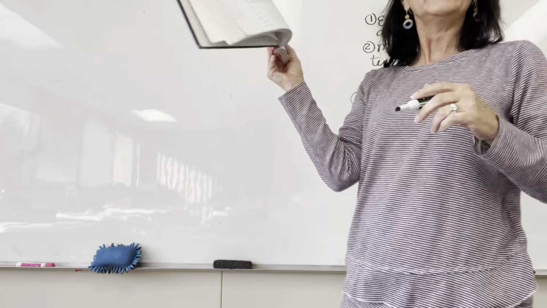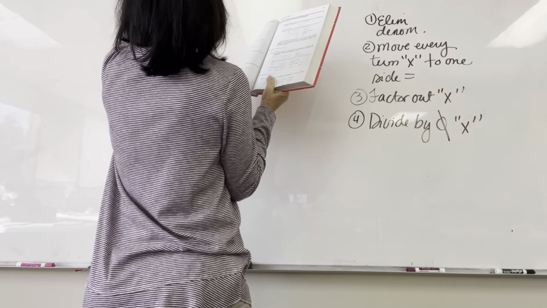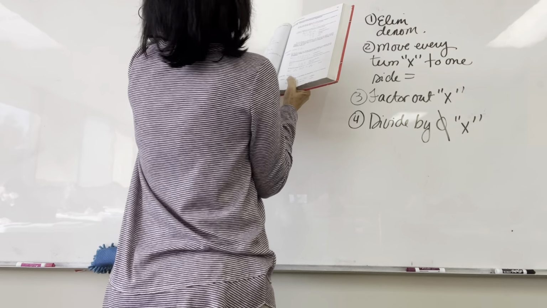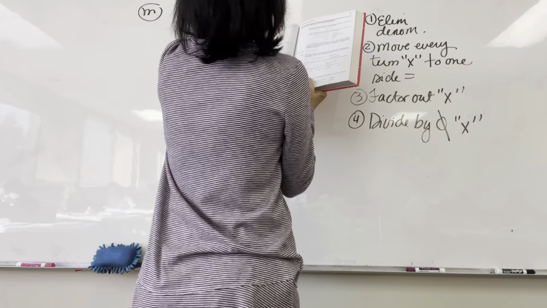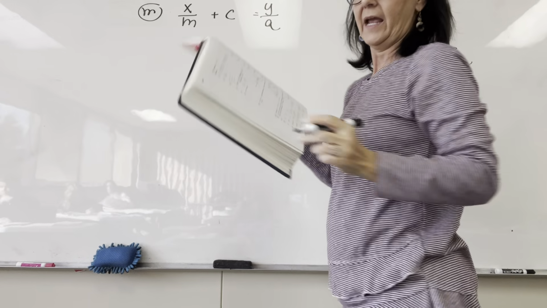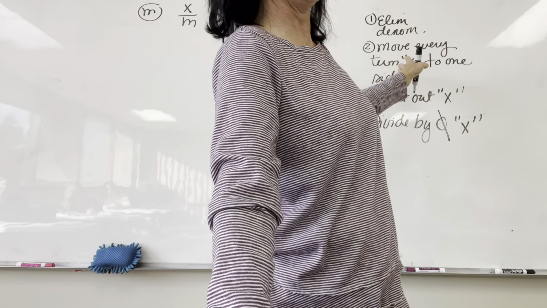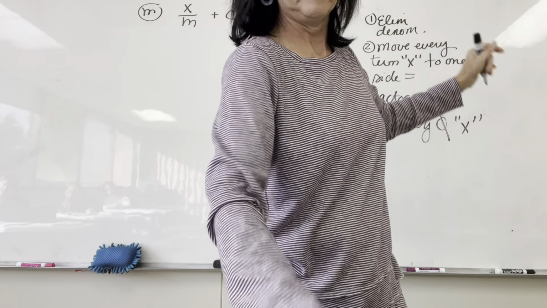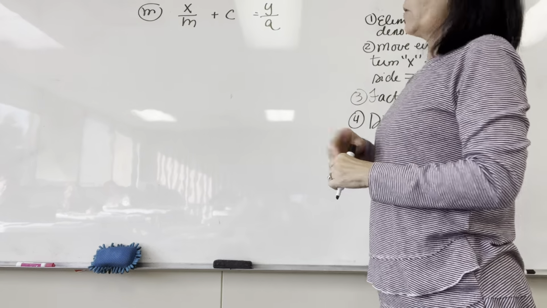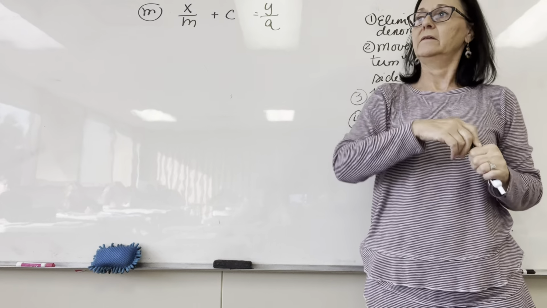All right, look at example 2. I'm solving for m. So we have x over m plus c equals y over a. Just following these same procedures, but instead of x, I'm now looking at m. So I eliminate the denominator. What must I multiply by? Every term, Sarah.